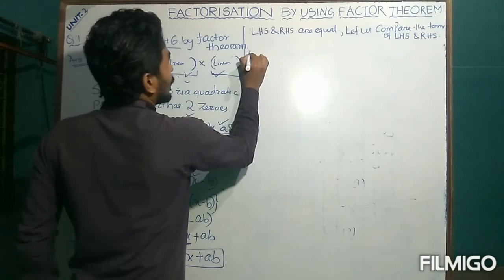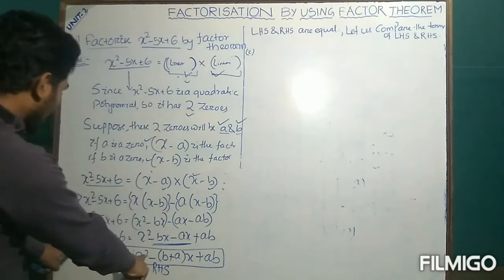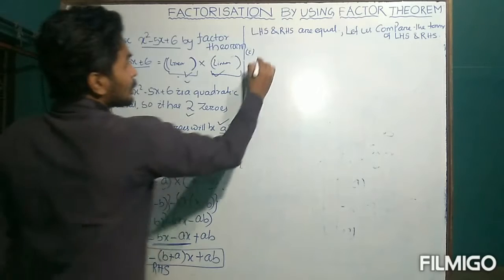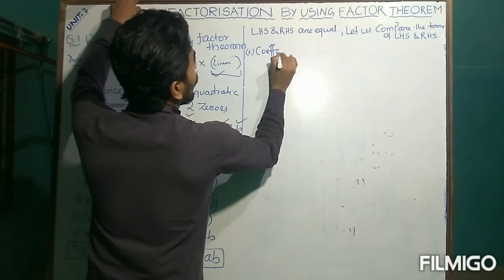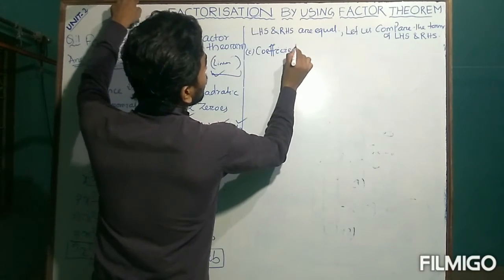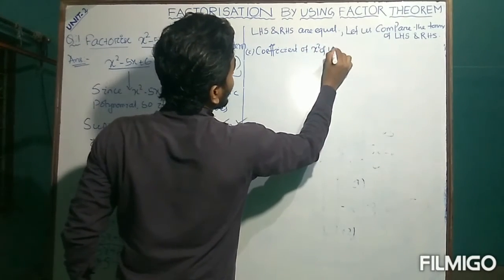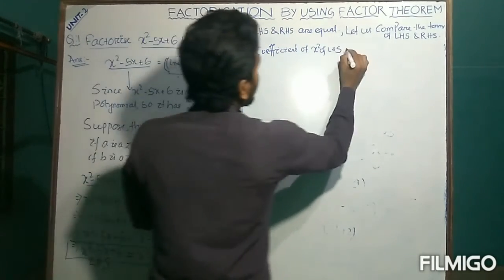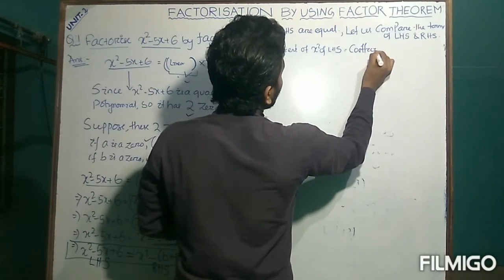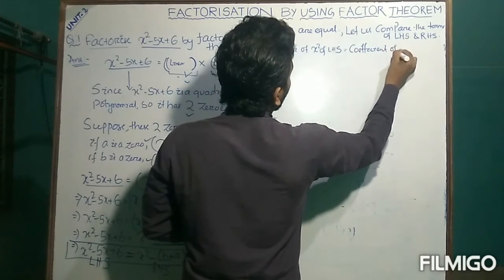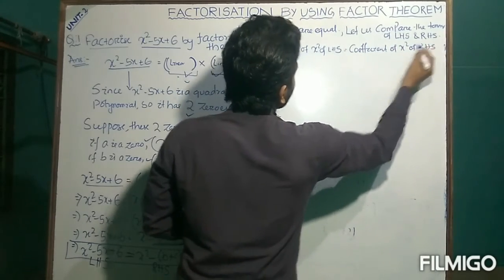So first we have to compare the coefficient of x square on both the sides. So we can write coefficient of x square of LHS is equal to coefficient of x square of RHS.